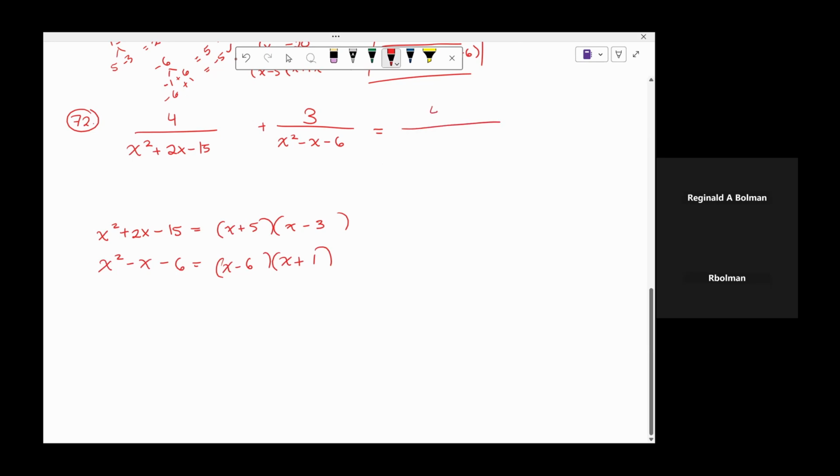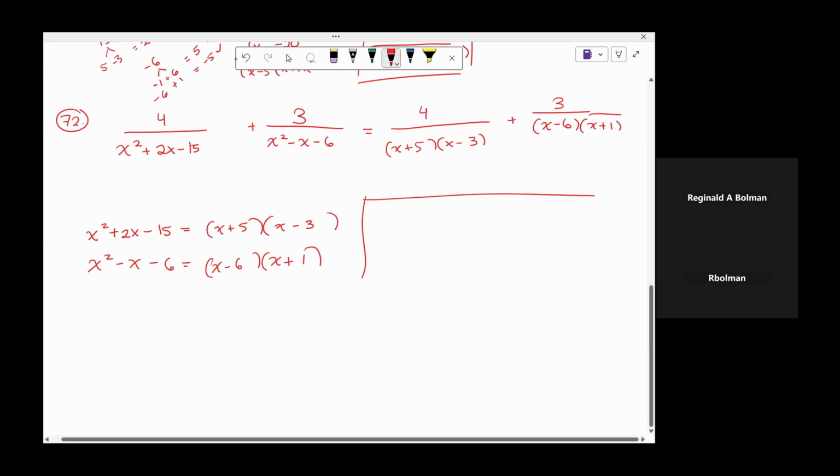Okay, so we've got 4 all over x plus 5 times x minus 3, and this is added with 3 all over x minus 6 times x plus 1. All right. Now we're going to try to calculate the LCM so that we can find a common denominator, because you cannot add these fractions without a common denominator. So the entire purpose of calculating this LCM slash LCD is to get these two fractions to have a common term.